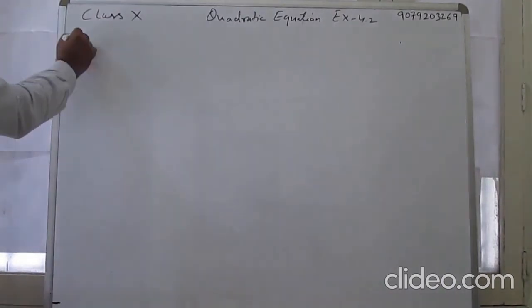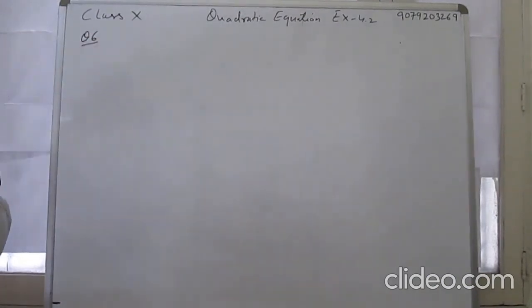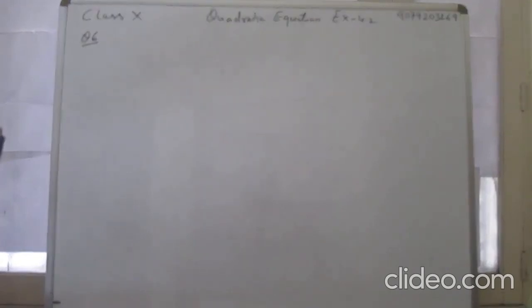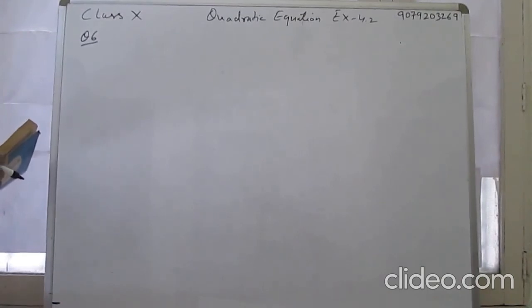Question 6. A cottage industry produced certain number of poultry articles in a day. It was observed that on a particular day the cost of production was 3 more than twice the number of articles on that day.